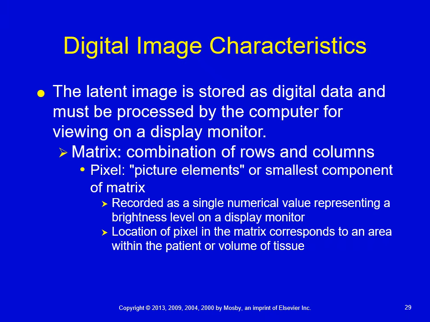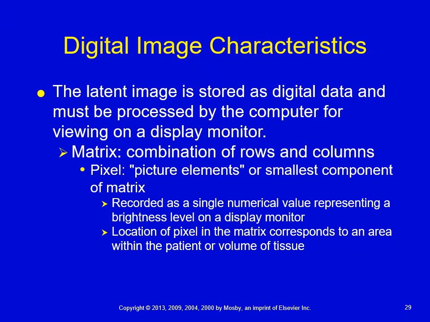Once those pictures are processed, the number of pixels that we have will make a difference in what we actually see in terms of quality. The pixels are arranged or organized in what we call a matrix.